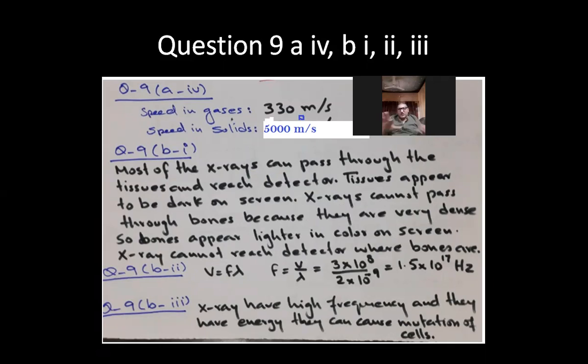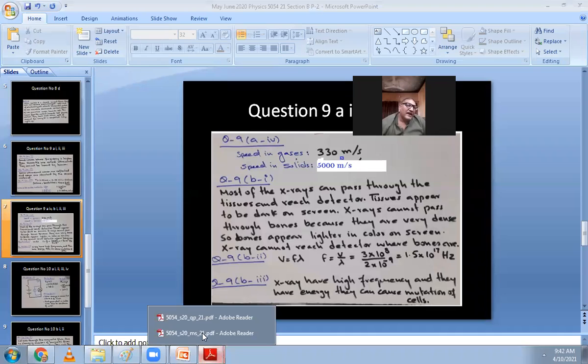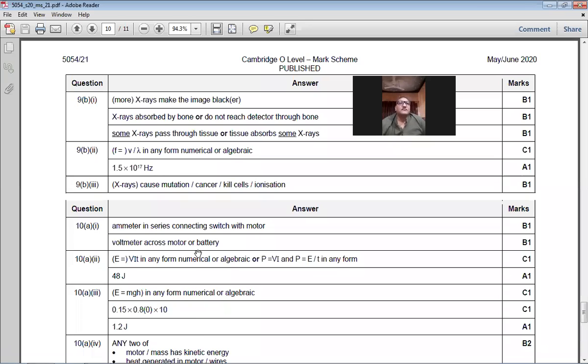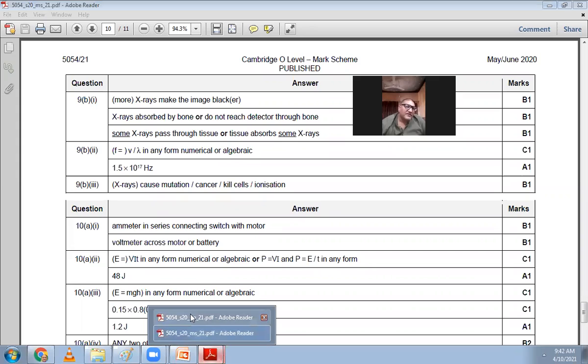On your calculator, write 3 × 10^8 divide 2 × 10^-9 equals, and you will get this answer directly. Very easy numerical. Let's check the answer in the marking scheme. So 1.5 × 10^17 hertz, and so our answer is right.